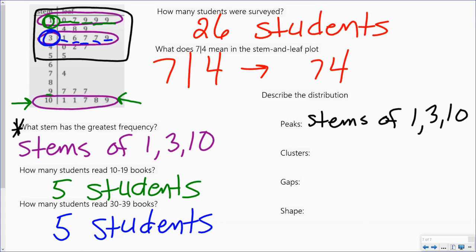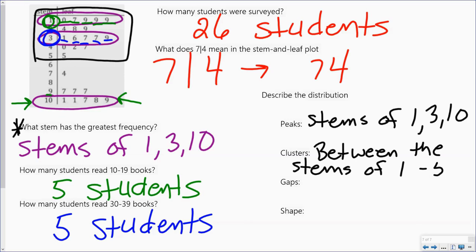So I would say between the stems of 1 to 5. Gaps, looks like I have a gap at stem 6 and a gap at stem 8.